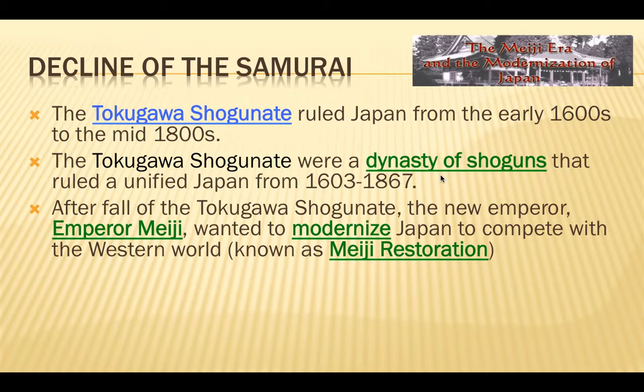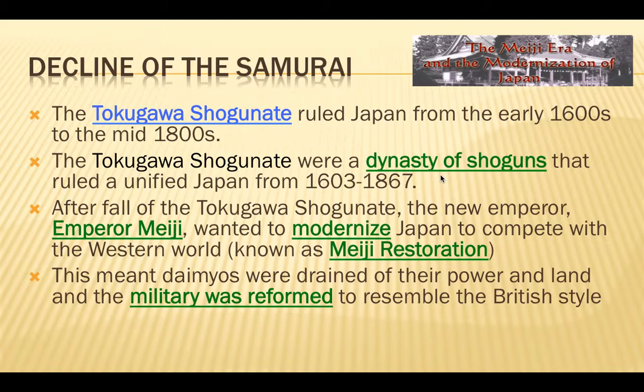But after the fall, the new emperor came in and wanted to modernize Japan to compete with the Western world. So they wanted to be more like Europe and America, and this led to a lot of change in the way that they had been ruled.